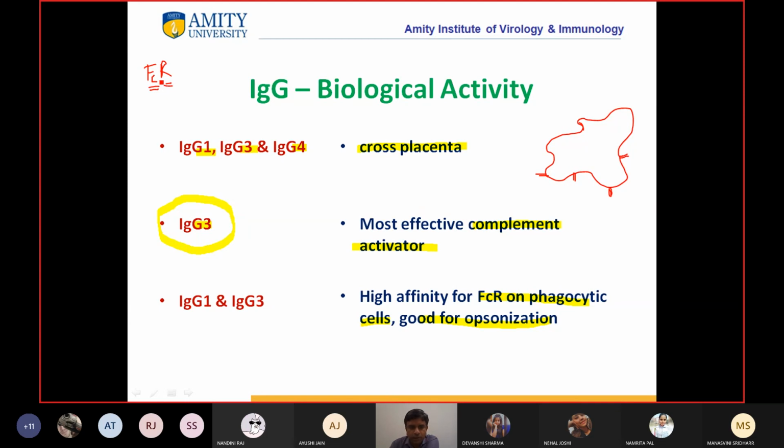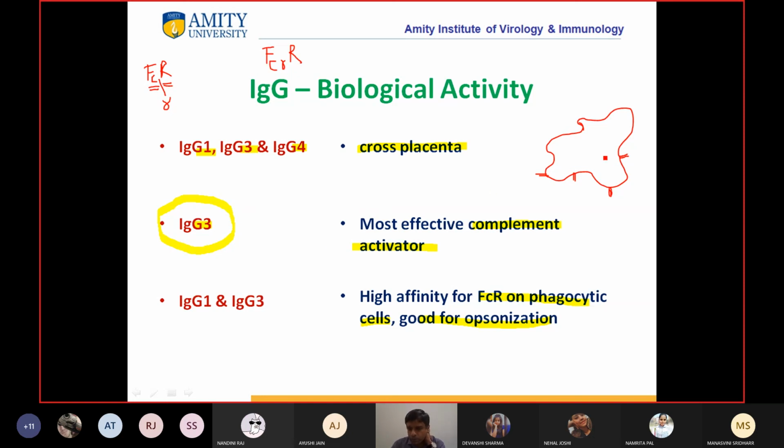So if we are putting it for gamma, then we put it as gamma. So it becomes FC gamma R. Okay. So this is the receptor for FC region of gamma IgG.